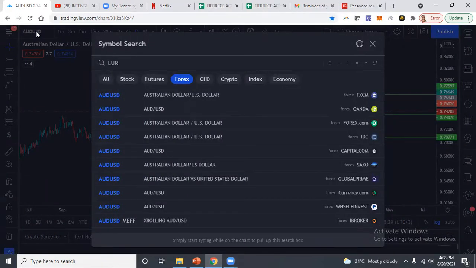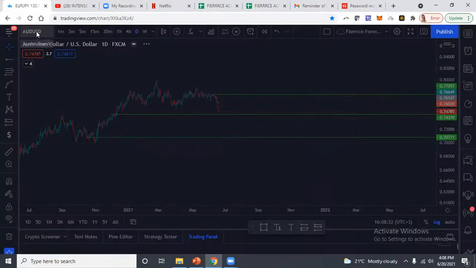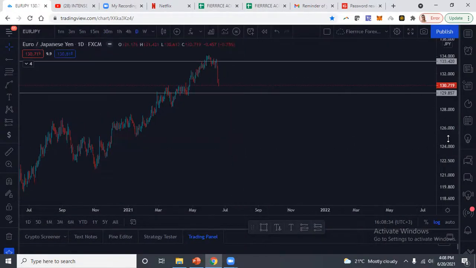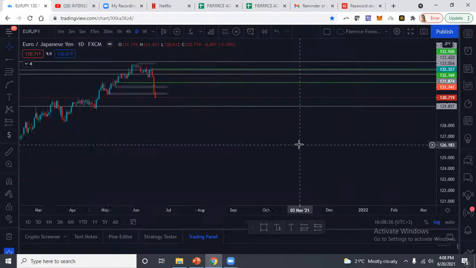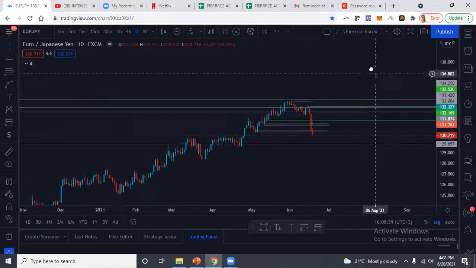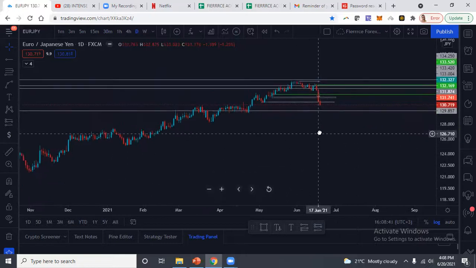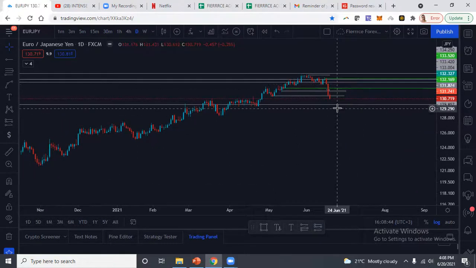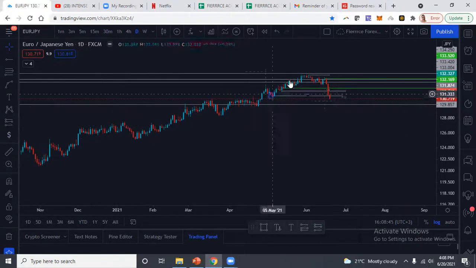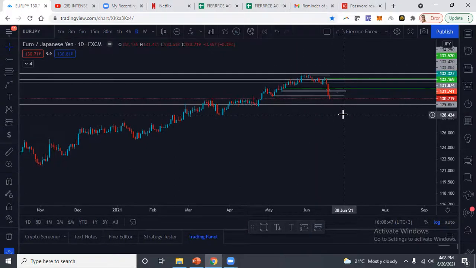Then we have Euro JPY. Let me just look at EJ. EJ tends to correlate, I find, with gold more than even the other EU pairs. And you can see the correction. So yes, pushing up, but this correction was bound to happen.